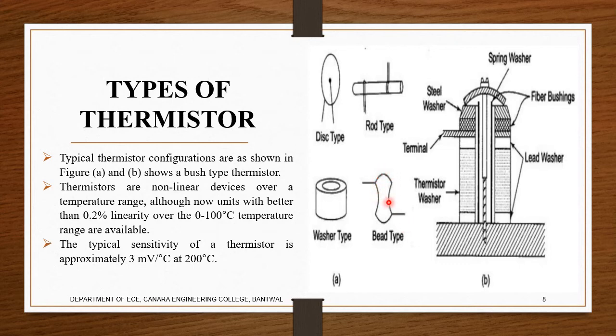They have a glass coating on the tip of solid glass probes, and the glass probes usually have a diameter of about 2.5 millimeter and a length which varies from 6 to 50 millimeter. Usually they are connected via leads.